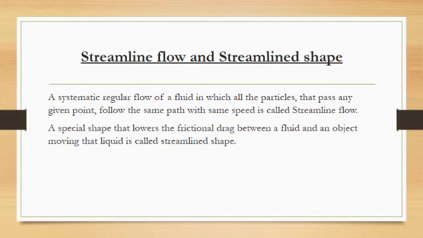And to overcome fluid friction, a special shape is given to the object, and that is called a streamline shape. A streamline shape is a special shape that lowers the frictional drag between a fluid and an object moving through that liquid.